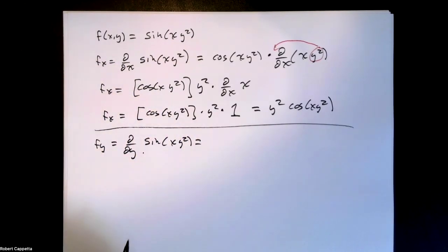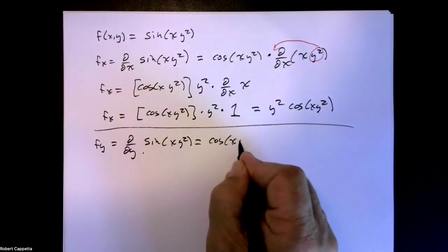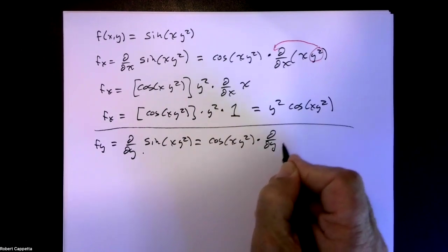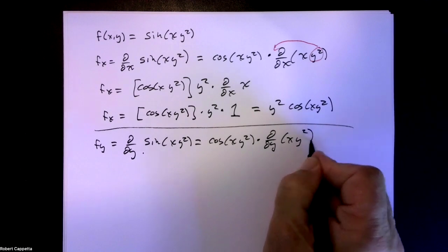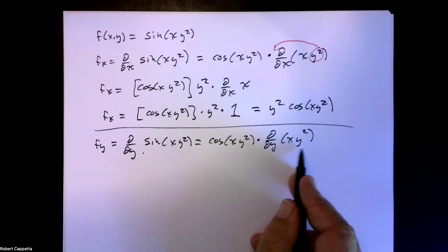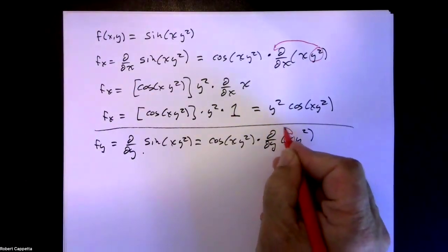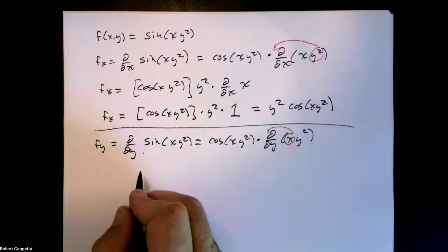Again, same chain rule. The derivative of the sine of something is cosine of the something times the derivative, in this case, partial derivative of the something. So this time y is perceived as the variable, so the x is perceived as a constant, and the x can go in front of the partial derivative operator.